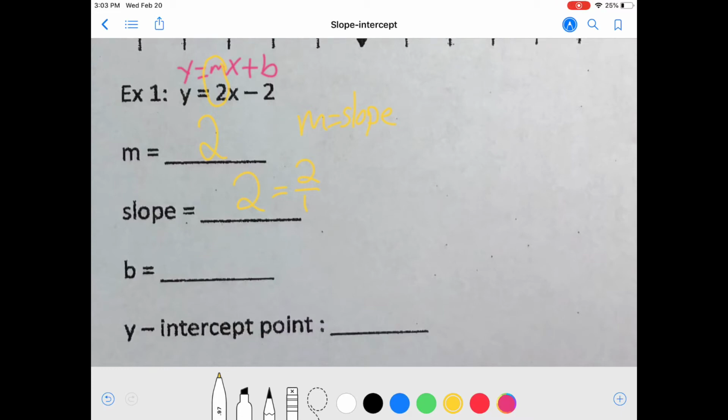If we have 100 and we want it to stay 100, but in fraction form, we want 100 over 1. Same thing with this 2. We still want it to equal 2, but we put a 1 under it, because now we know we have to move up 2 and to the right 1. To go the opposite way and keep it +2, we have -2 over -1, which gives us +2. So we could go -2 to go down over -1 to go to the left.